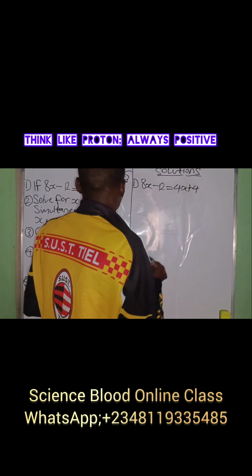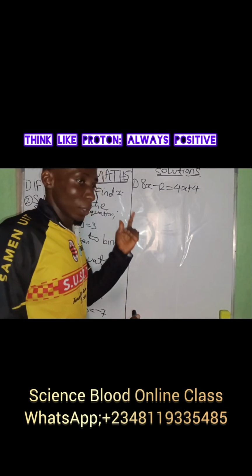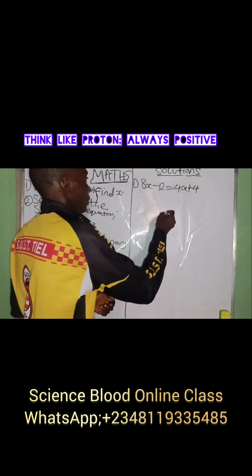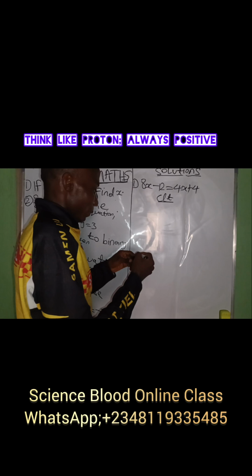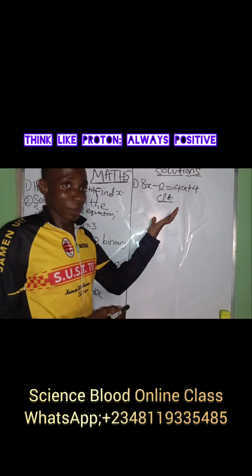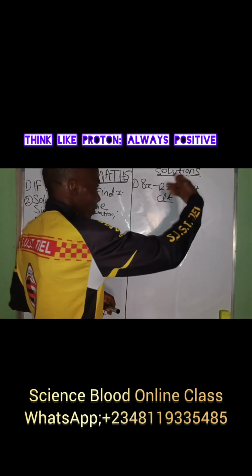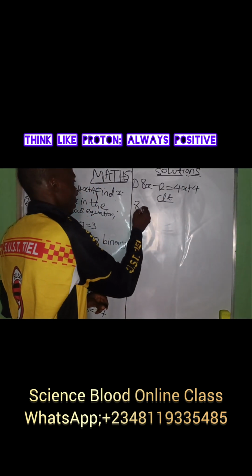Now, the first thing you should do for a question like this, you should collect the like terms. Collecting of like terms. So you collect like terms, and this implies all the variables of x we move to the left hand side, all the numbers we move to the right hand side, and you have 8x.